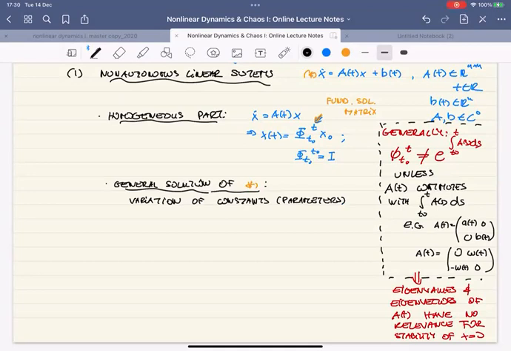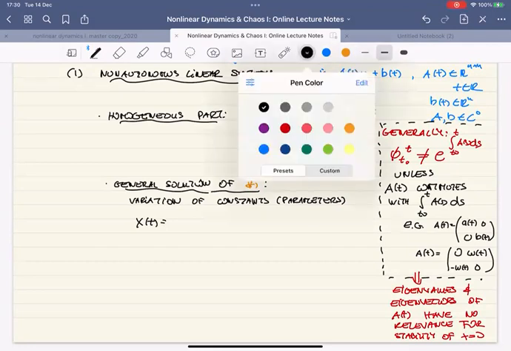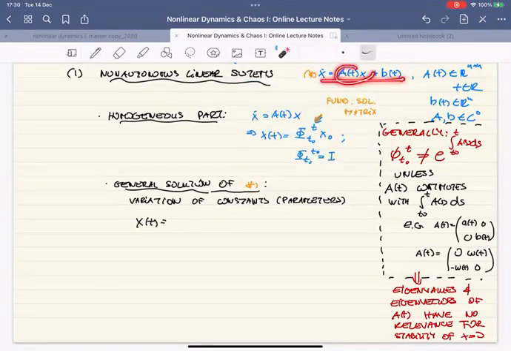So you basically look for a general solution. You try to save the knowledge you already have. So instead of saying that x of t, which is now the solution of the full problem rather than just the solution of this, is the fundamental matrix solution times the initial condition, now you say, okay, I'm going to try the fundamental matrix solution because it's clearly an important entity, but I allow some time-dependent vector there rather than, strictly speaking, the initial condition.